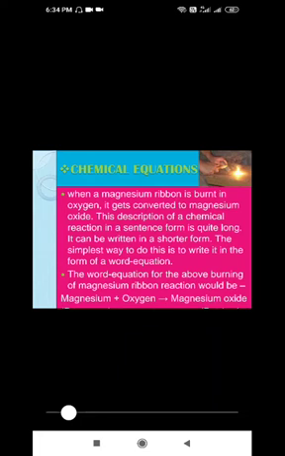The simplest way to do this is to write it as a word equation. So the word equation for the above burning magnesium ribbon reaction would be: magnesium plus oxygen gives, the arrow symbol, we'll call it gives, magnesium oxide.